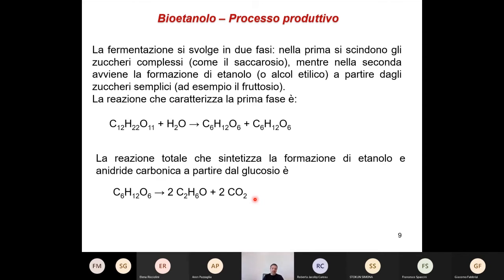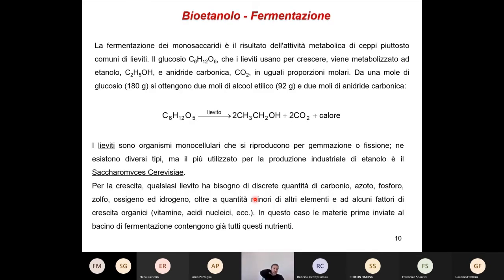Okay. Another way to see the fermentation process, but no particular new information on this process.